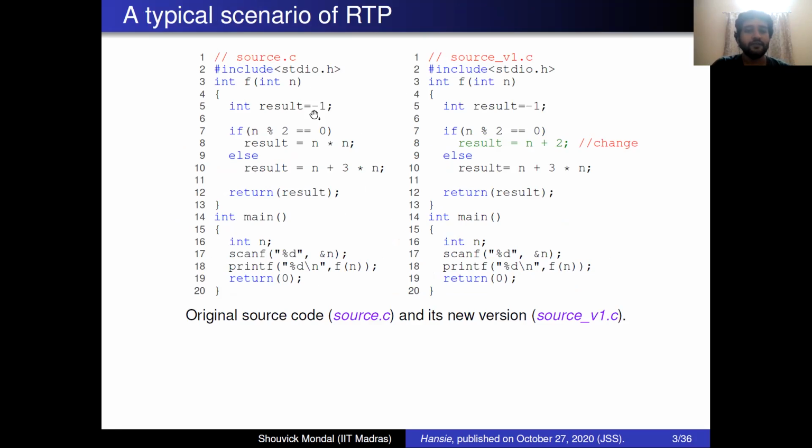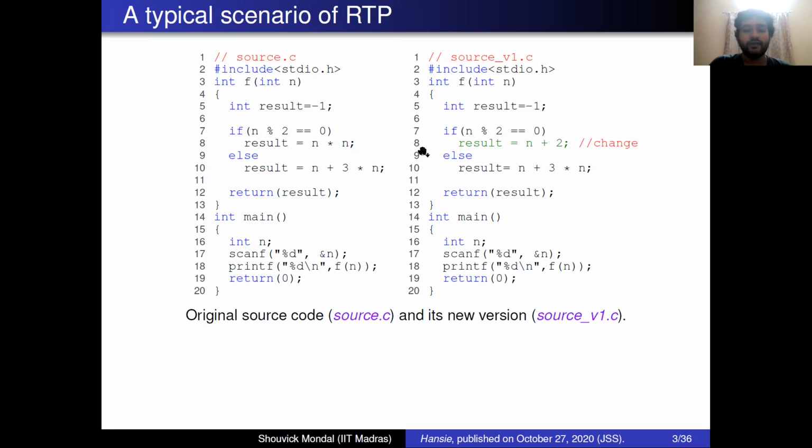First, let me say this function fn, which is on a case by case basis, returns a number. Input is an integer n, and if n is even, it returns n square, else it returns n plus 3 into n. This was according to the older version of the code. Now the change due to line 8 has resulted in returning n square to n plus 2.